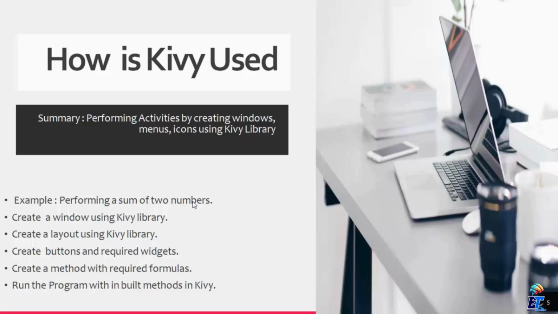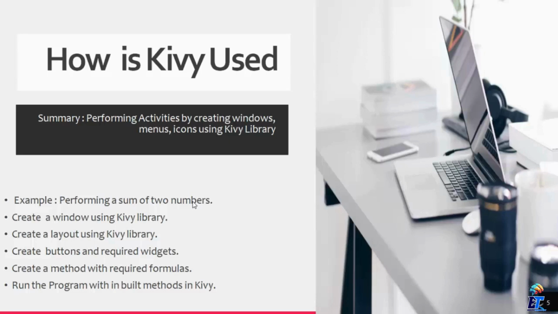Like when you are opening an application, a window will pop up. Then you're going to create a layout to make sure that the contents are structured as you wish or as per your requirements. Then we'll create buttons and the required widgets for performing the task of a sum of two numbers, and then we'll create a method where we'll store the required formulas to run the program.